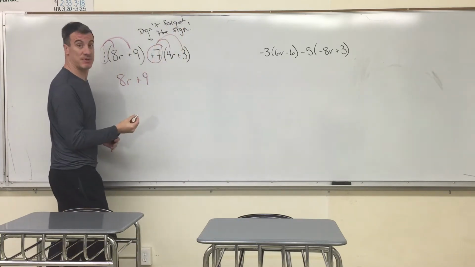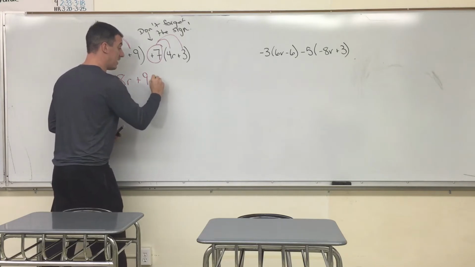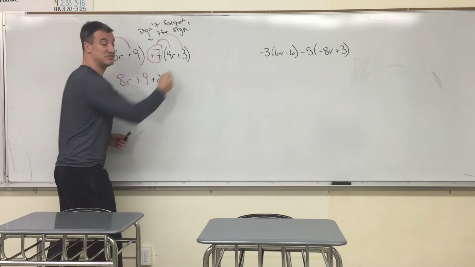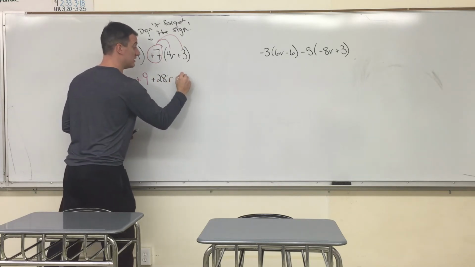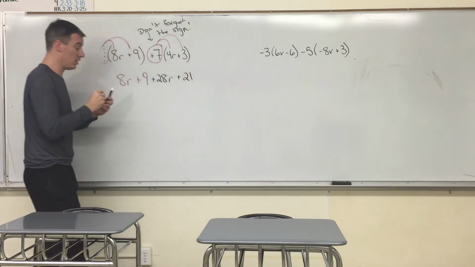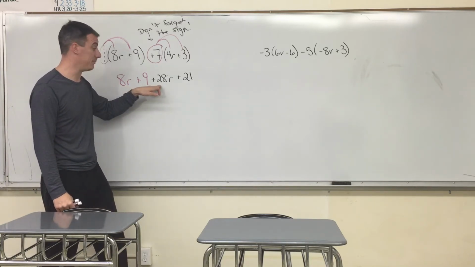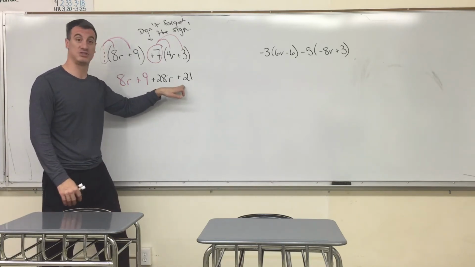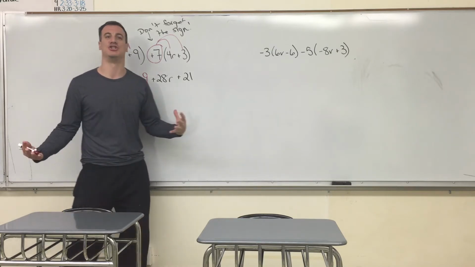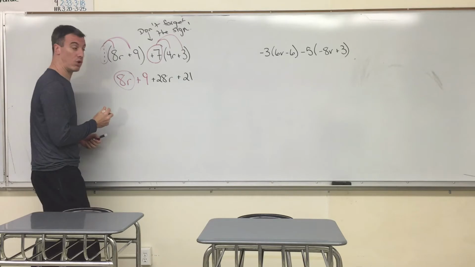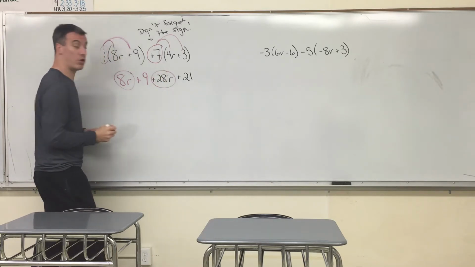Positive 7 times positive 4r is positive 28r. Positive 7 times 3 is positive 21. Now I have the expression 8r plus 9 plus 28r plus 21. And now it's just that idea of combining like terms. I have an r and an r here.